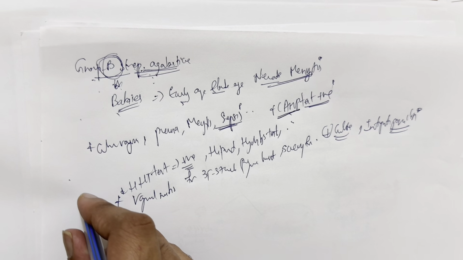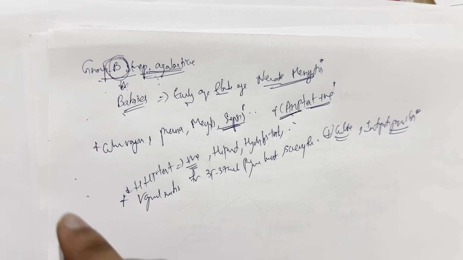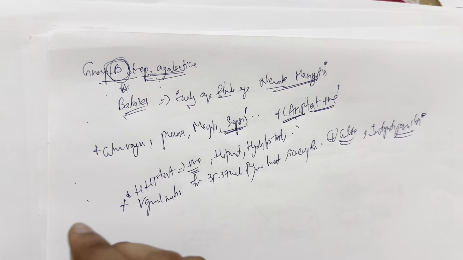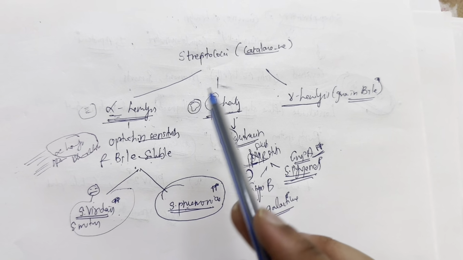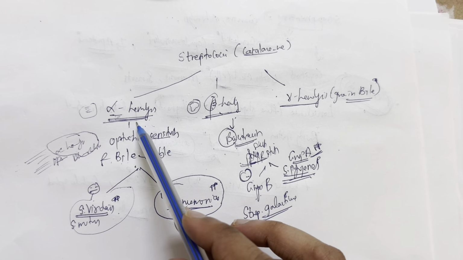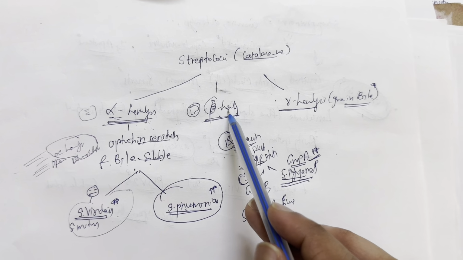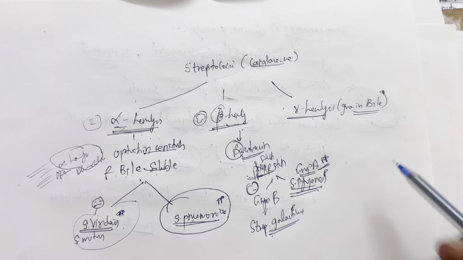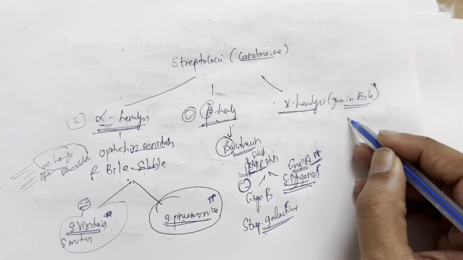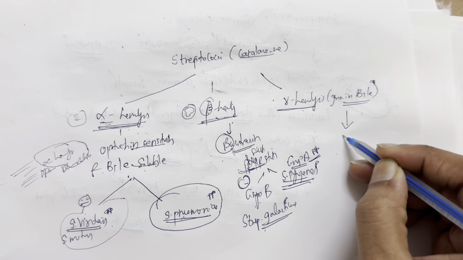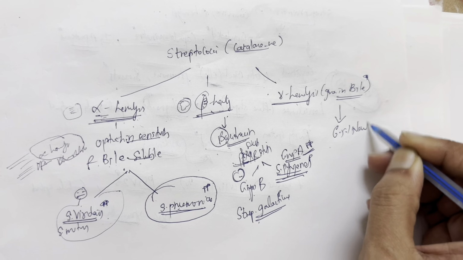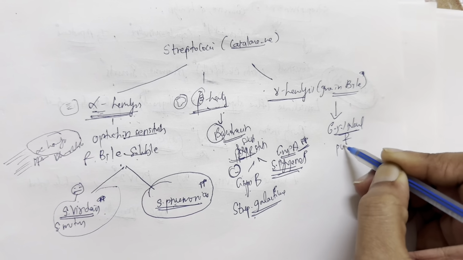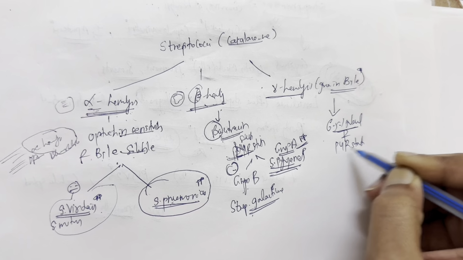Now we'll discuss the next organisms of Streptococci, which are gamma hemolytic organisms. We discussed alpha hemolytic Streptococci, beta hemolytic Streptococci, and now gamma hemolytic Streptococci. Gamma hemolytic Streptococci can be divided based on whether they grow in 6.5% NaCl and their PYR enzyme status.